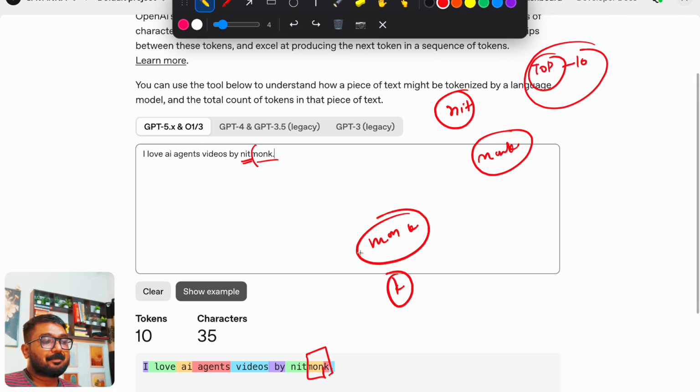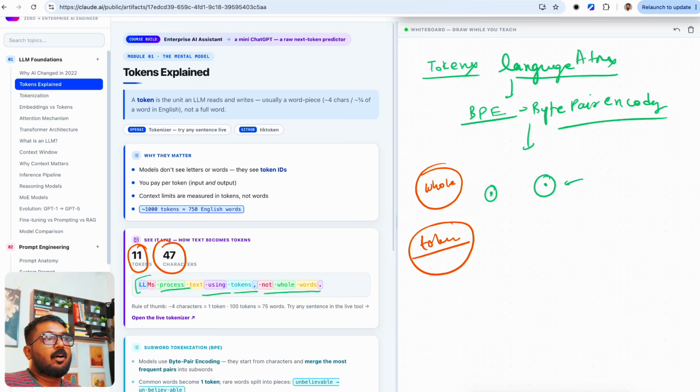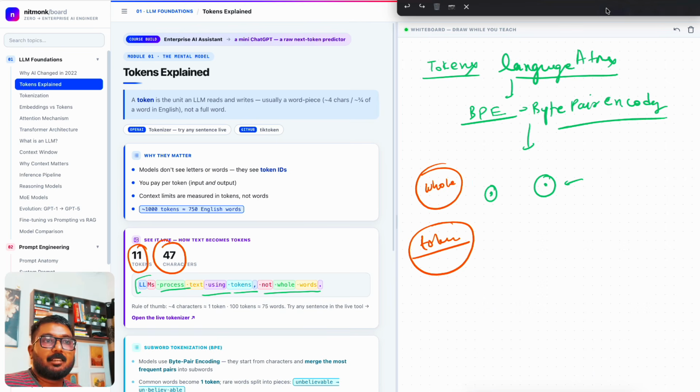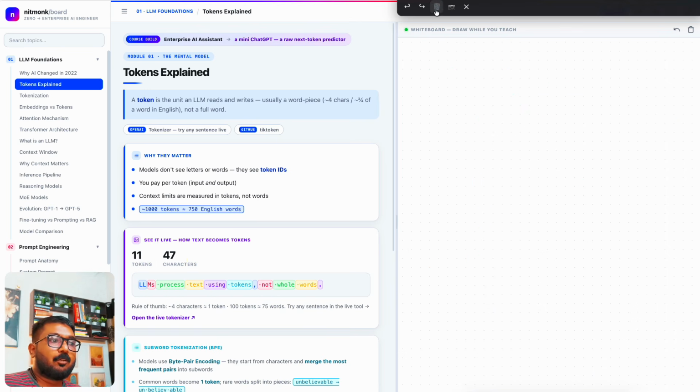We'll try to understand how it actually takes these words, because it has taken the vocabularies of the complete languages: English, Hindi, Chinese, and every other. That's the whole game, and that's where these tokens get generated, on the BPE method, byte pair encoding.